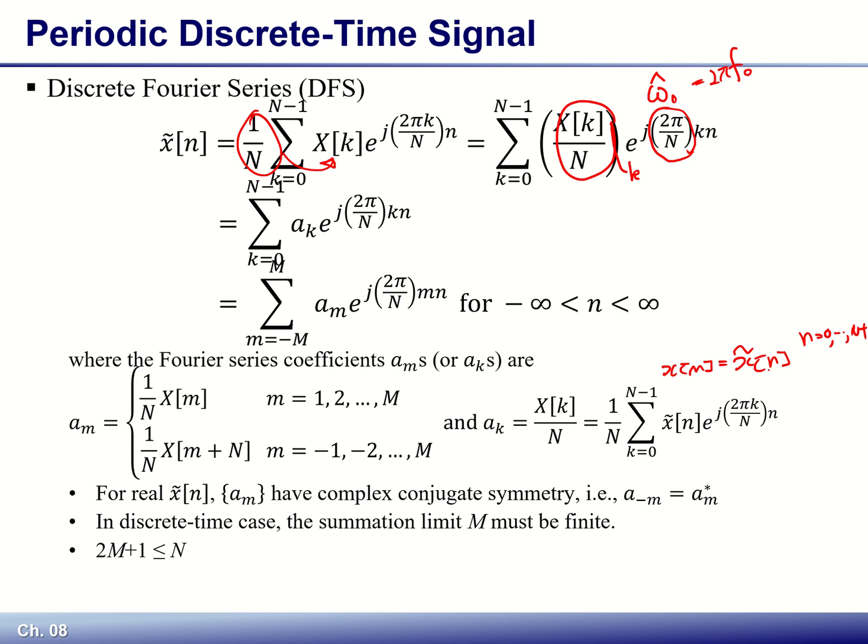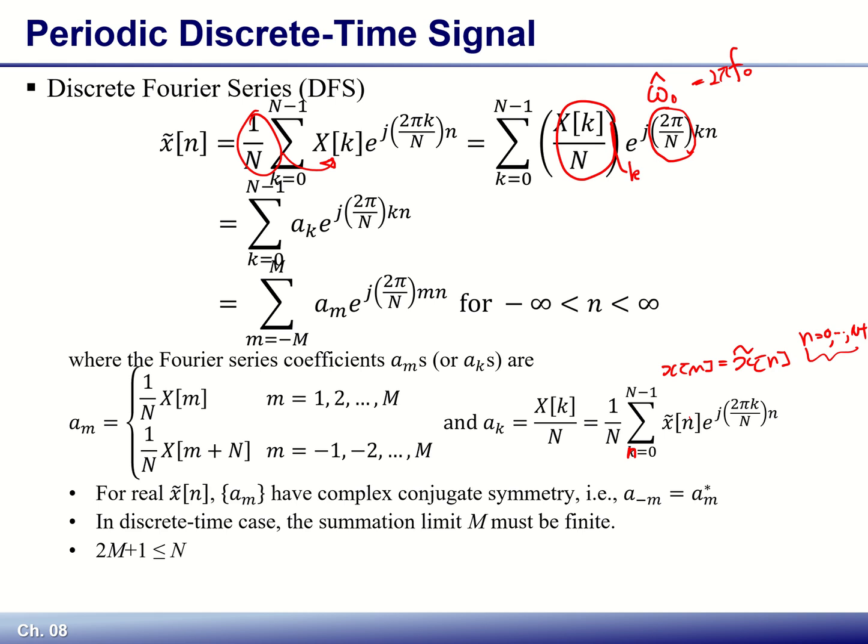The only difference happens when n is outside of this interval. So it is exchangeable when n is inside 0 to N minus 1. Okay, so we can denote it.